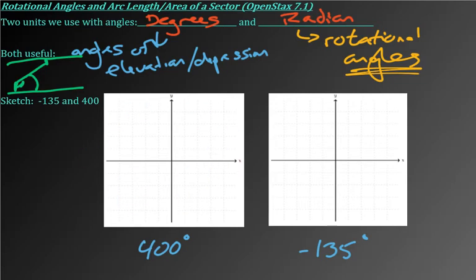We specifically follow the direction of the quadrants. Remember that quadrant 1 is here, 2 is here, 3 is here, 4 is here. If you go in that direction, 1, 2, 3, 4, that's the positive direction. If you go 4, 3, 2, 1, so clockwise, that is negative; anti-clockwise is positive.